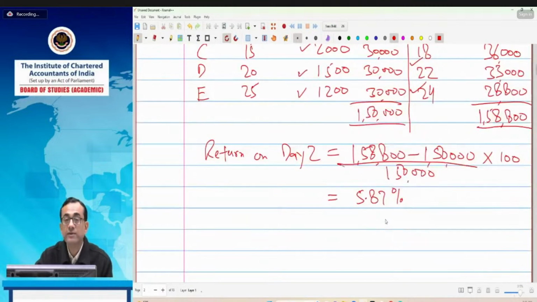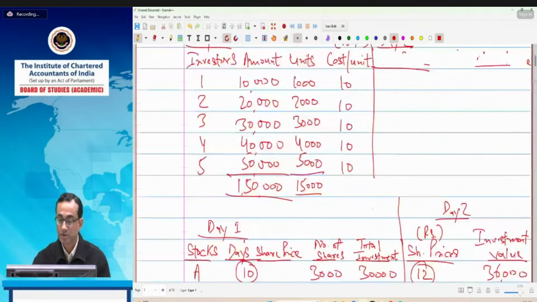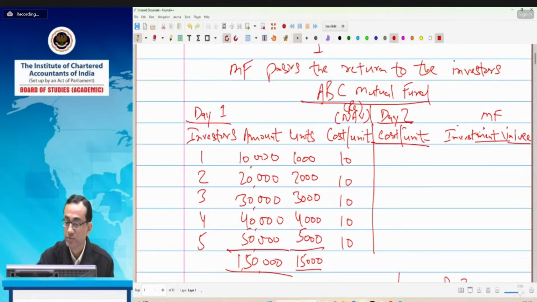And this return will be reflected on the mutual fund also. So the NAV, the cost, will also be increased by the same percentage. Because on day 2, the position in case of mutual fund will also be different, right? So this will be the cost per unit on day 2, and the mutual fund investment value.